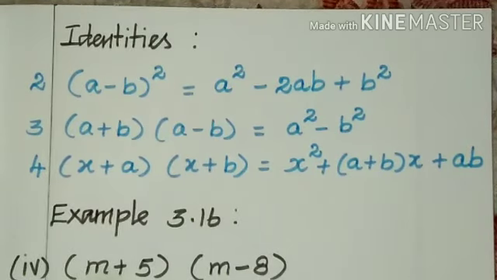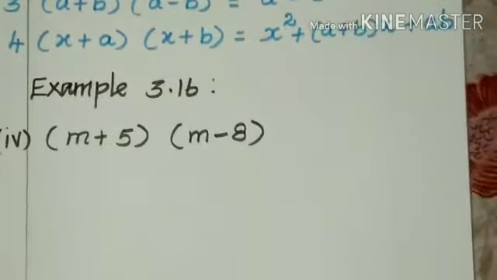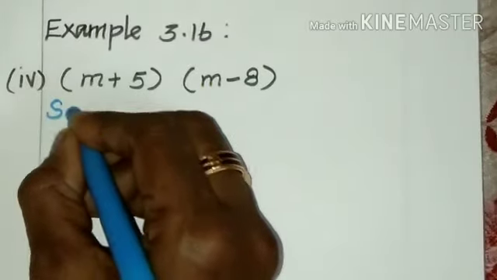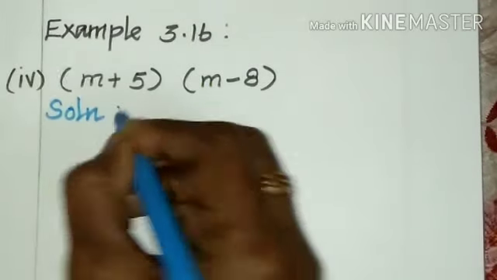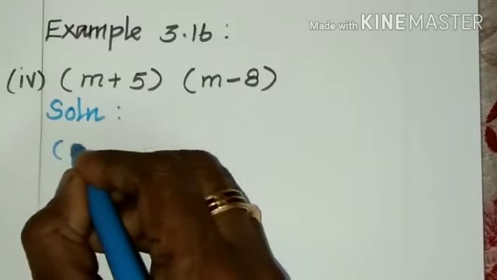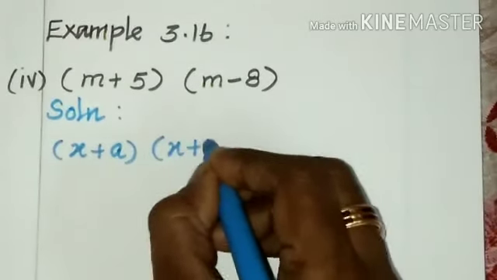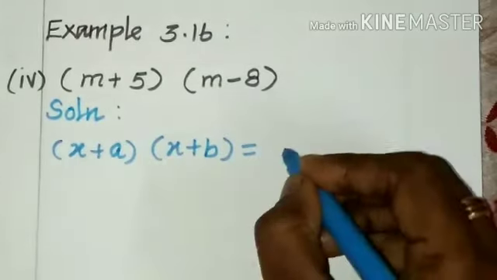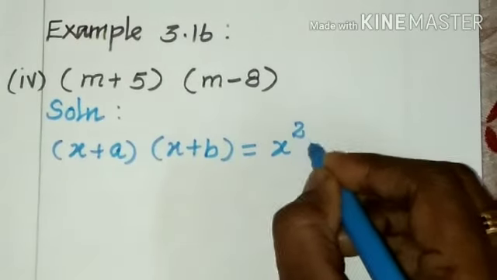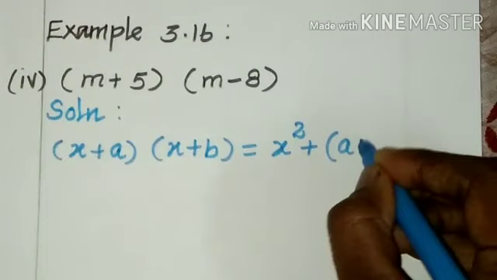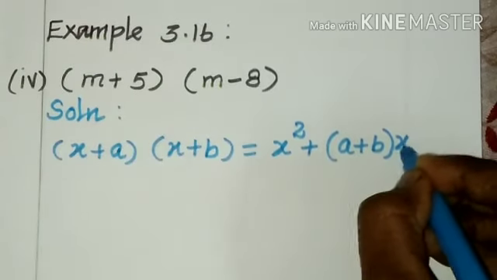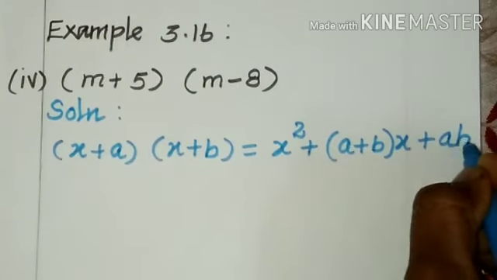Now let's see example 3.16, fourth subdivision. m plus 5 into m minus 8. Here we have to use the x plus a into x plus b identity, equal to x square plus a plus b into x plus ab.